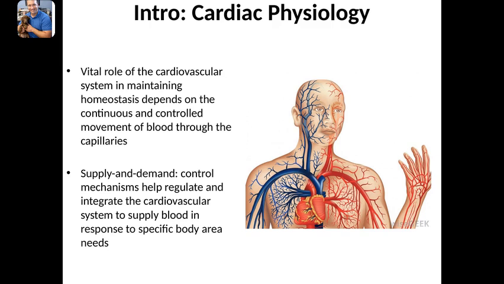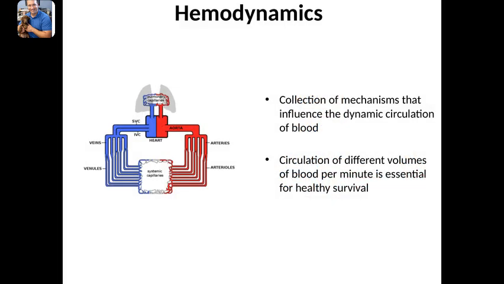In fact, that's always happening, right? Doesn't matter how much exercise you're doing with your skeletal muscles. If your brain's not functioning, if you're not getting blood there, then you're in trouble, right? So the cardiovascular system is all about maintaining homeostasis of blood flow. Hemodynamics. So how does blood flow?